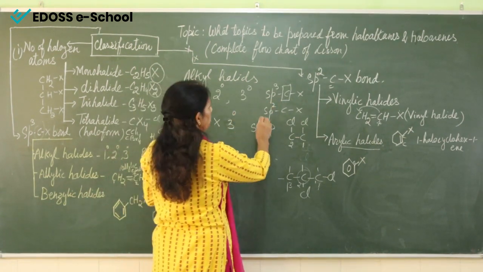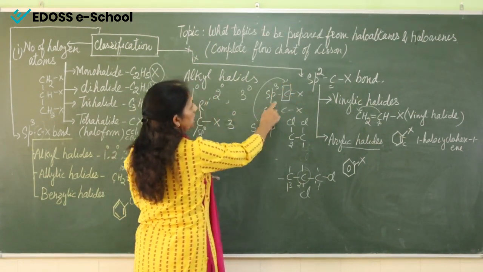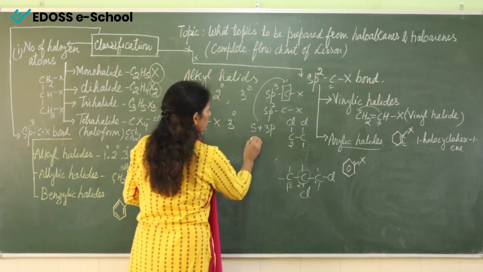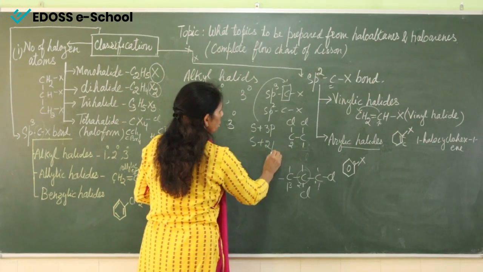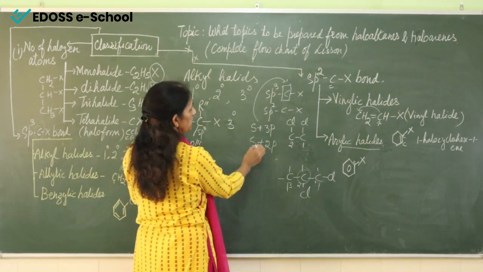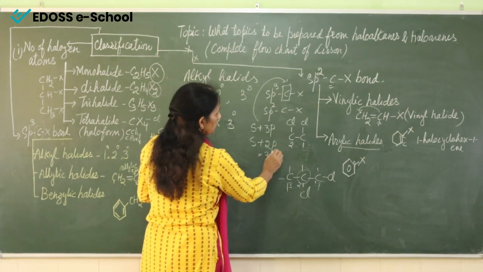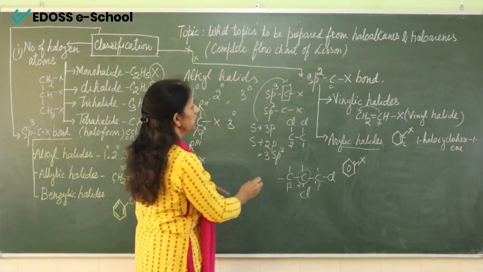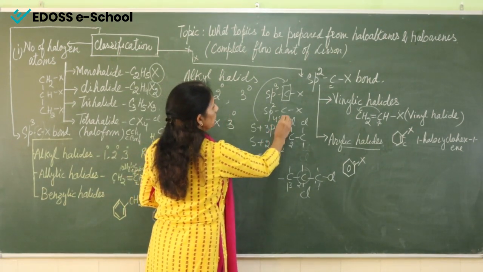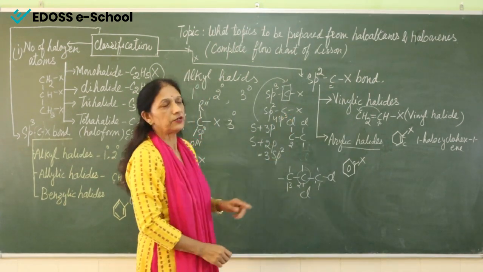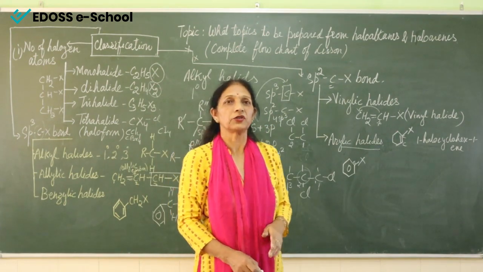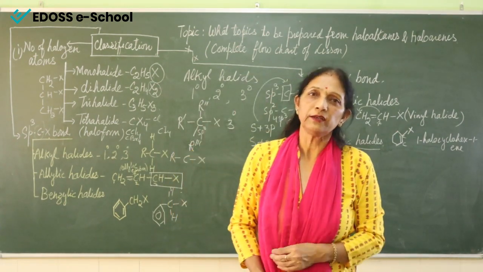So this carbon is known as sp3 hybridized, and sp2 means 1s and 2p are overlapping. So in this way we are getting 3 sp2 hybridized orbitals, and here we are getting 4 sp3 hybridized orbitals. So this is all about the classification of haloalkanes and haloarenes.